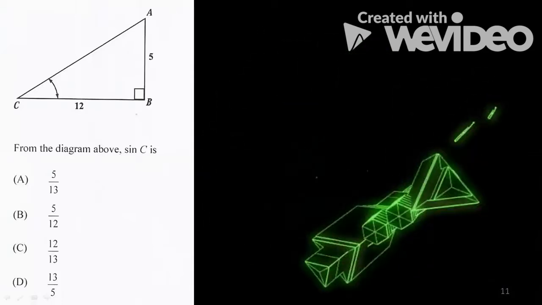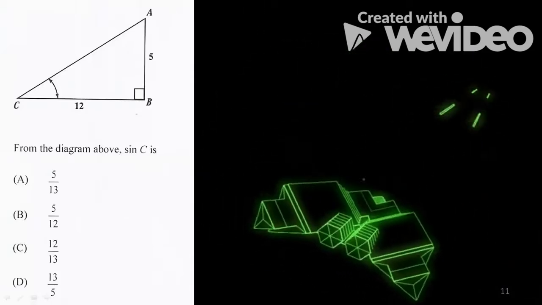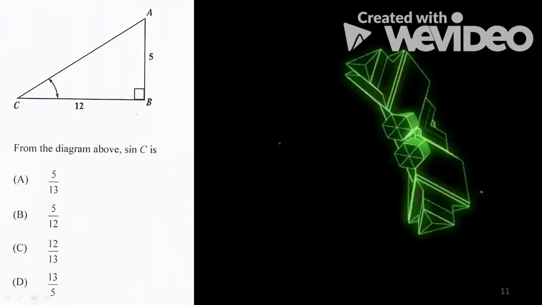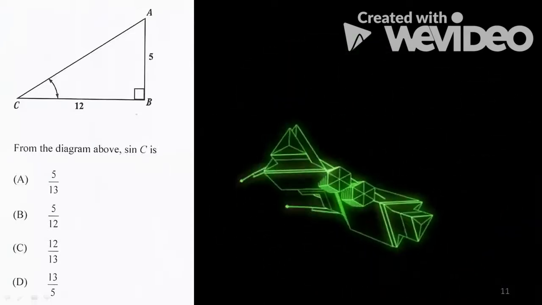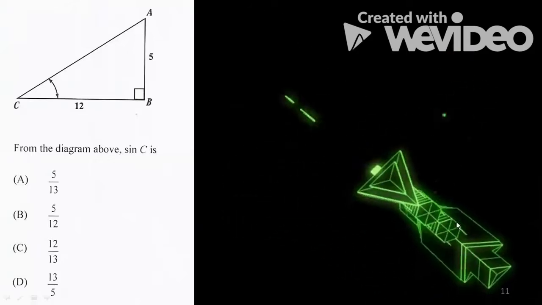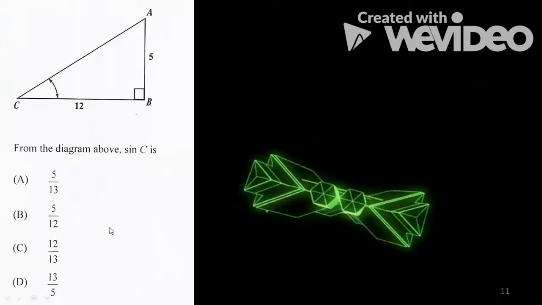First of all, it's a right angle triangle, so we're going to use the trig ratios: sine, cos, and tan, and the acronym SOHCAHTOA. It is already sine.